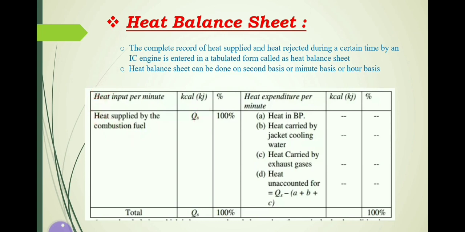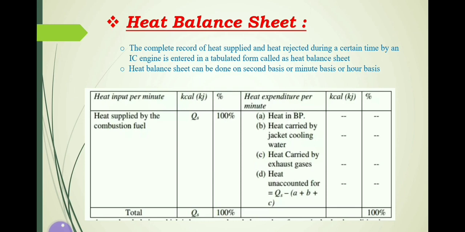Now, how the power is going to be distributed, we have to discuss now. We know that the majority amount of the power is going to be used for our brake power, that is our final output power. As well, some amount of energy is going to be transferred to the cooling water which we have used.